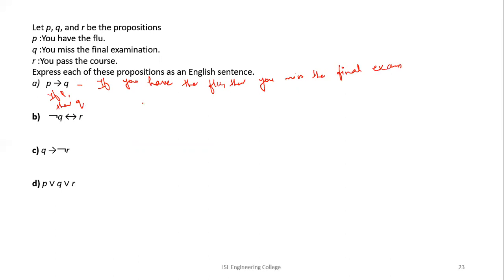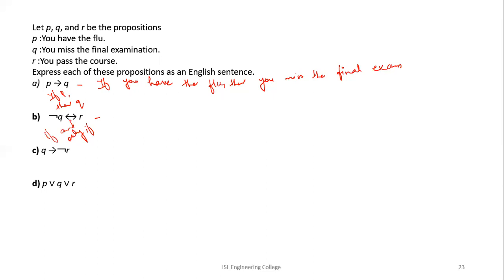Next one, negation of Q by implication R. So by implication means that you have to convert this statement to not. You don't miss the final examination, correct? And by implication, if you remember, is if and only if. So for this, it can be written as: you don't miss the final examination if and only if you pass the course.